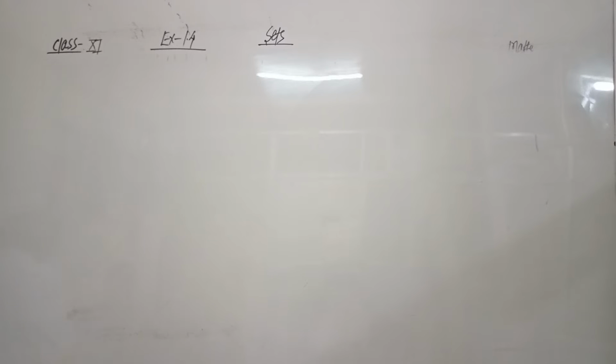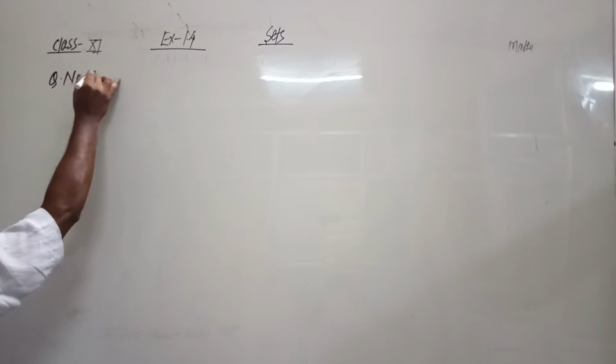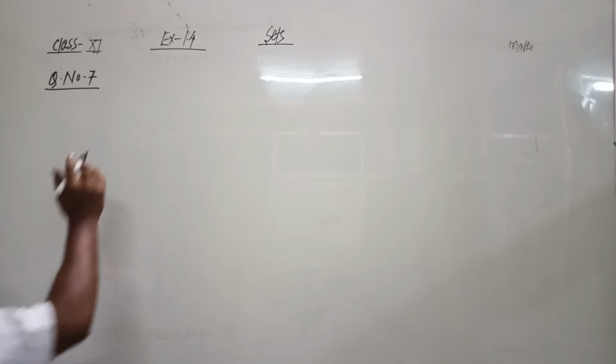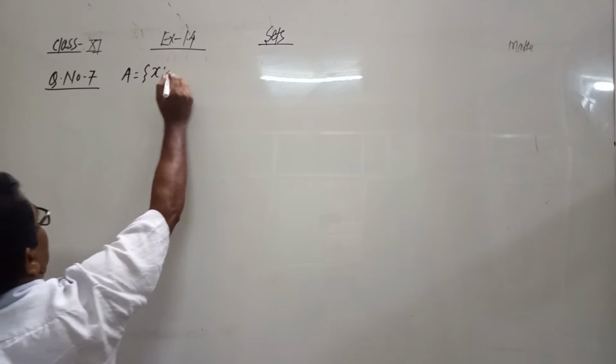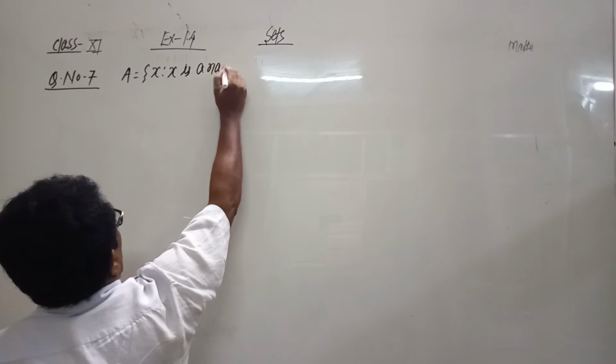Now question number 7. In question number 7 we have been given set A equals x such that x is a natural number.